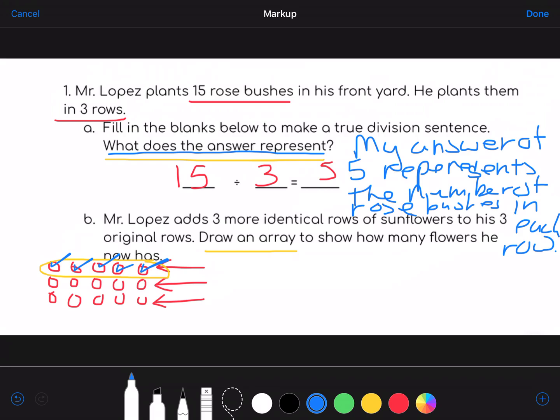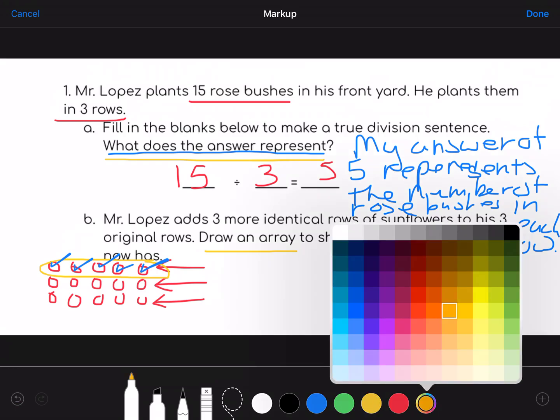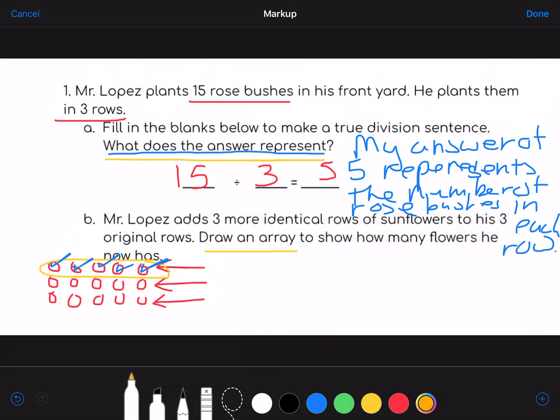Now let's look at B. B says, Mr. Lopez adds 3 more identical rows of sunflowers, right? So now we have sunflowers. Draw an array to show how many sunflowers he has now. Well, I'm going to change my color to yellow. Oh, maybe I'll do an orange to show my sunflowers.